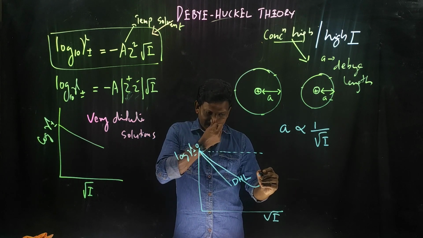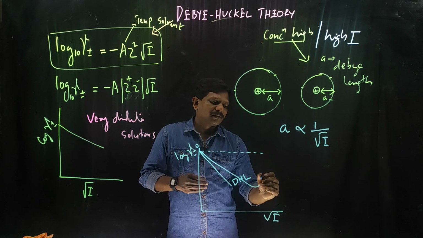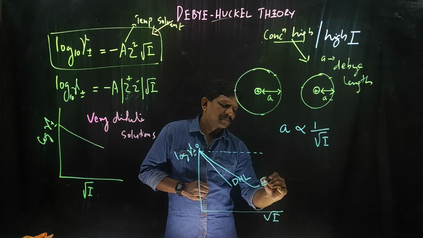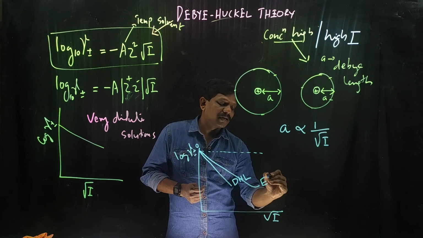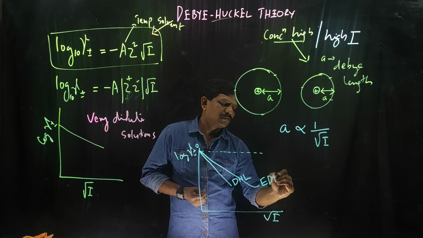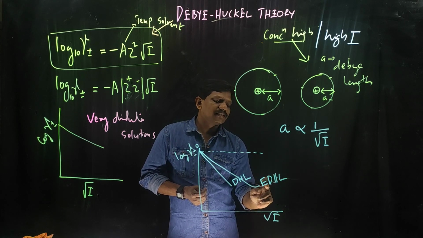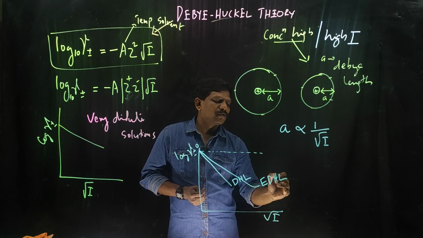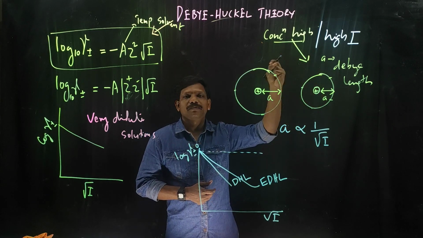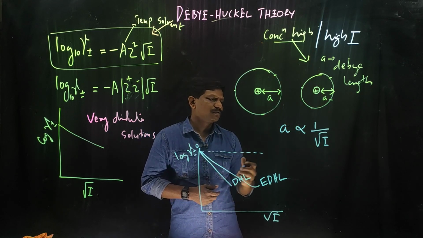This particular curve can be explained by another equation, another law known as the extended Debye Huckel law. That is the effect of the ionic atmosphere shrinking.